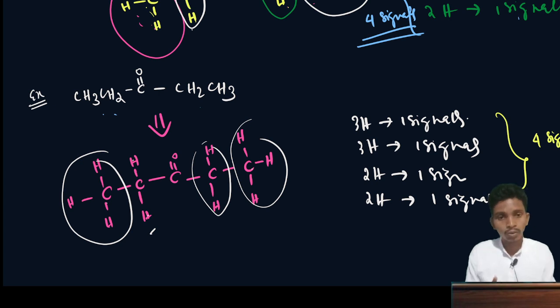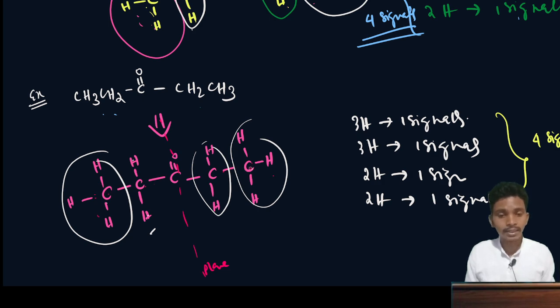But if you look carefully at this molecule, if you pass a plane, then this and this will reflect. Here 3H, here 3H, here 2H, here 2H. If you pass a plane here, this will reflect onto this. This is the mirror image of this. So if a plane of symmetry is there, they will give the same signal.